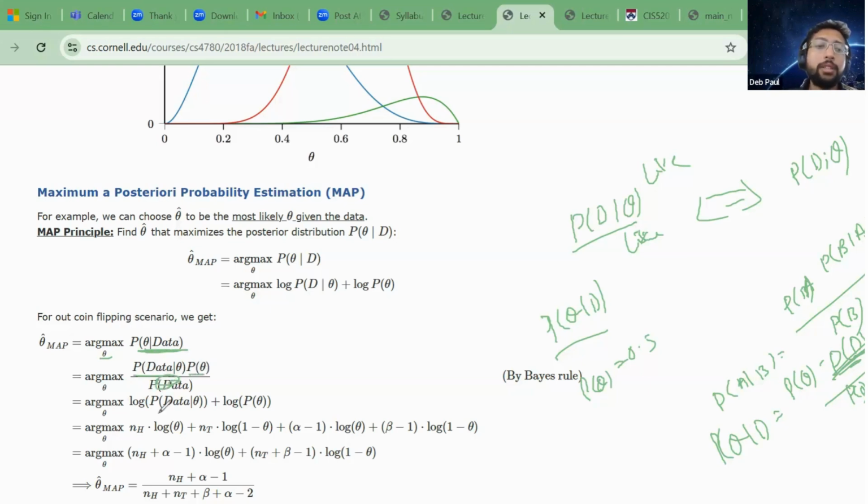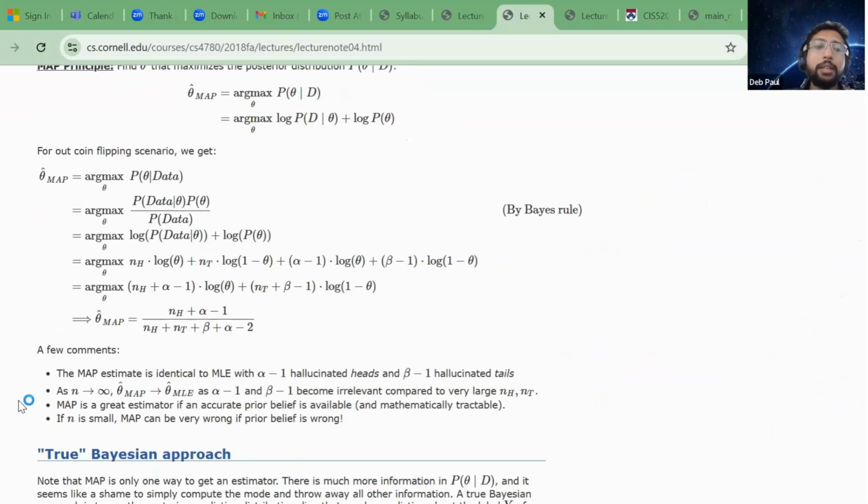I want only the numerator, which is a function of theta. The denominator is not a function of theta, so I can get rid of it, and then I take the log to make my life easier in terms of sums, and suddenly I land at this equation, which interestingly is very similar.